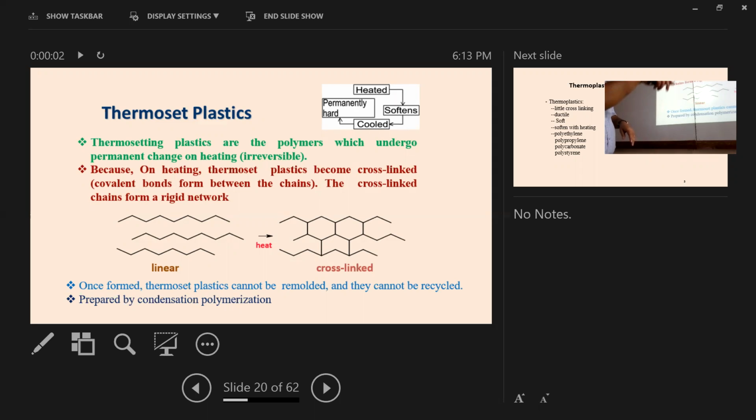When it cools, you get these types of cross-link bonds. So if you want to melt it again, you need to break these bonds, and breaking the bonds decomposes all the molecules. So it is not possible to break these cross-links; it won't go back.